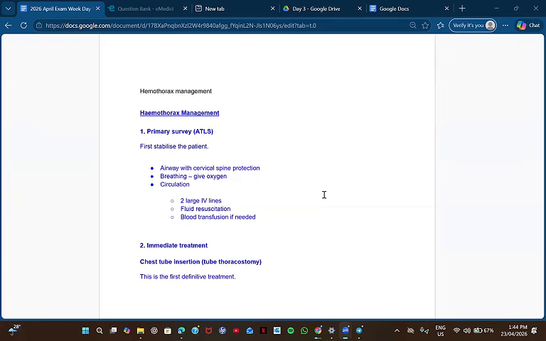What are the investigations for here? Yes, we can do the chest X-ray. What is the sign that we can see in the chest X-ray in a hemothorax patient?